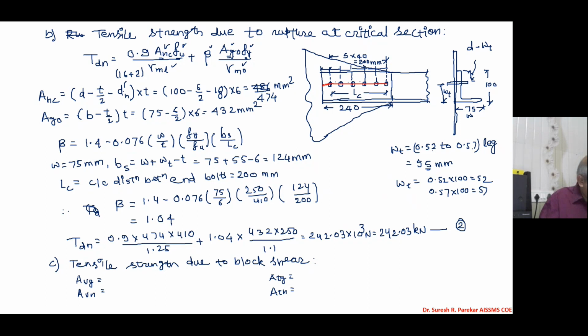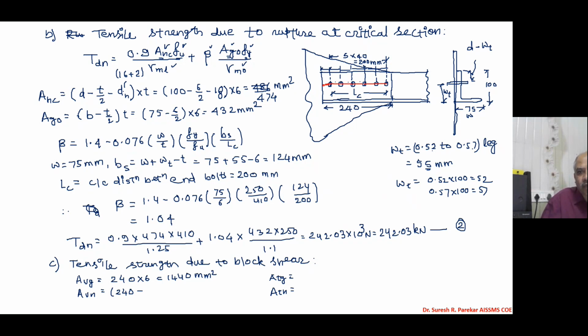So this value we will get as 240 into 6, which is 1440 mm square.